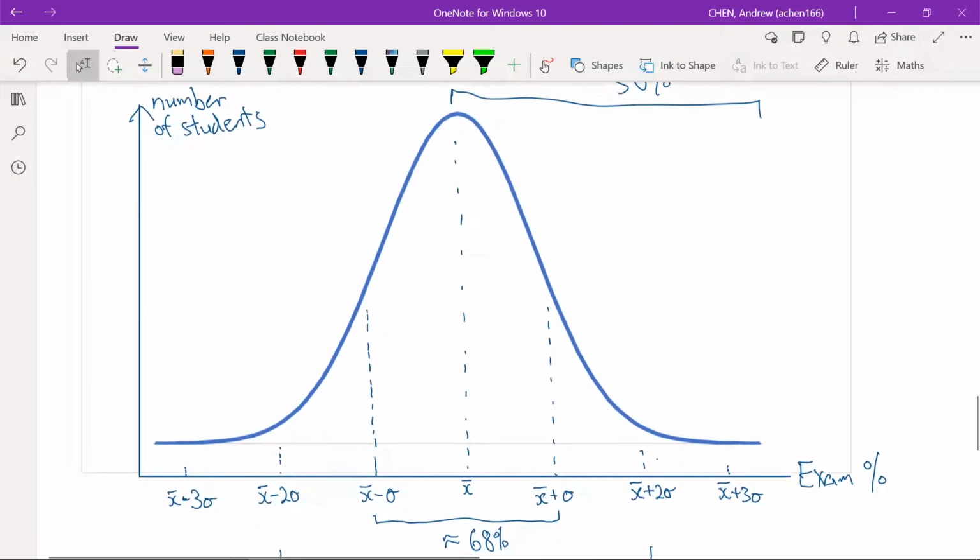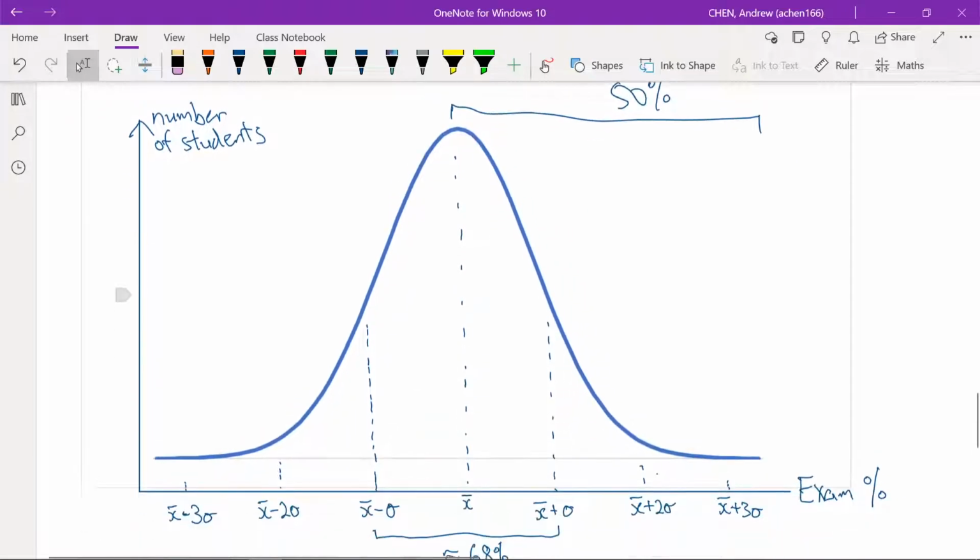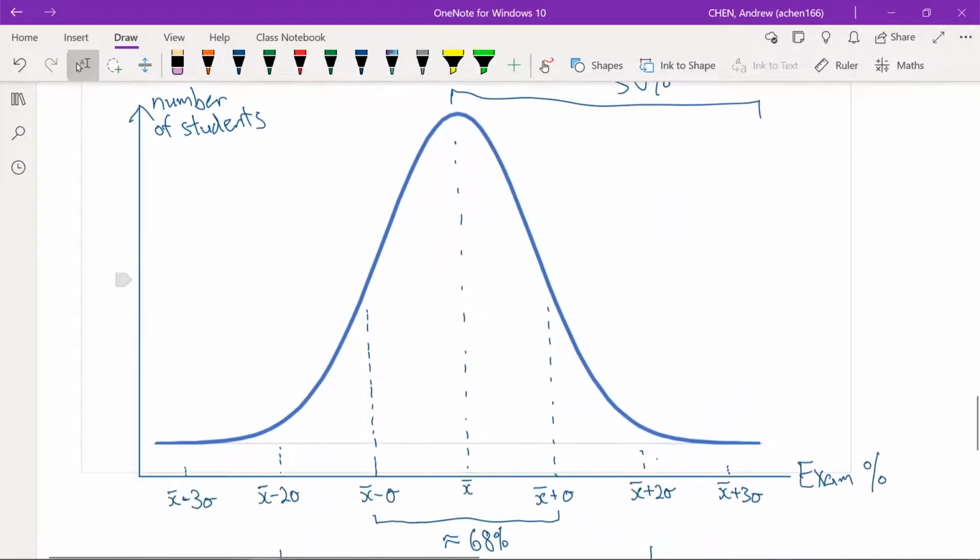We know logically that most people will be close to the average height, and as we go further and further away from the average height, there's going to be fewer and fewer people. Then we can relate the proportion of people as the area under this graph, or as a percentage.